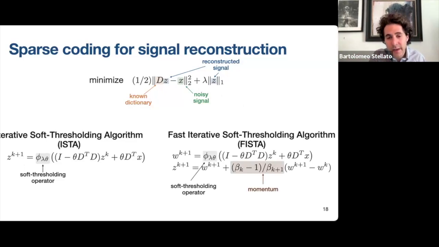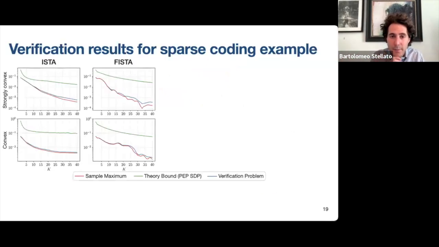And if you want to observe how these algorithms behave with the verification formulation that I described, we obtain this kind of behavior. Here I plot the behavior for strongly convex functions on the top and convex functions at the bottom. The green line is the theoretical best known bound using the performance estimation problem formulation with an SDP.